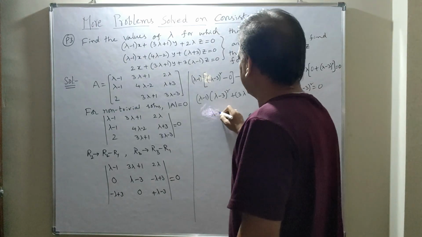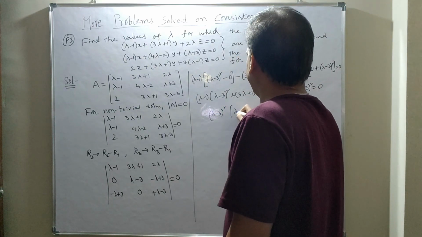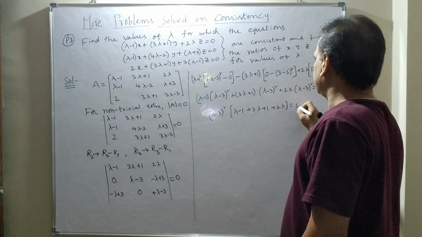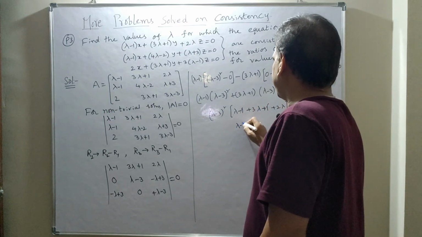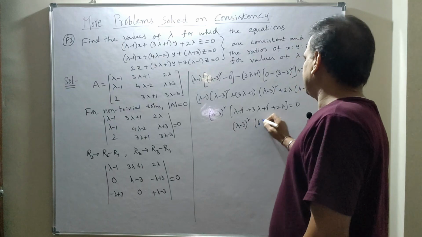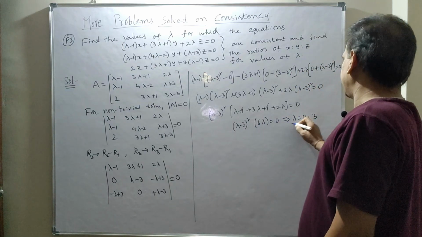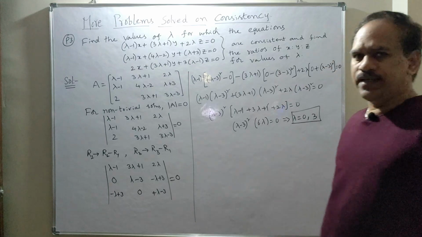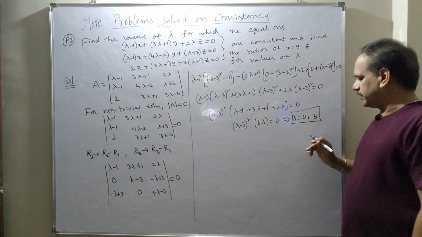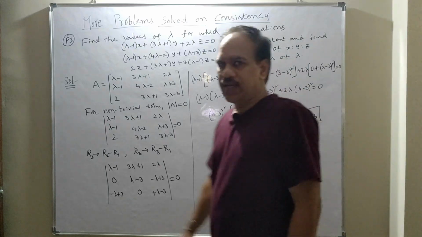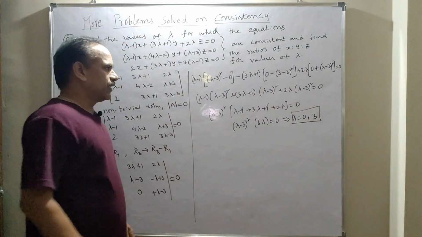So you can take lambda minus 3 whole square common: lambda minus 1 plus 3 lambda plus 1 plus 2 lambda equal to 0. Minus 1 plus 1 gone, lambda minus 3 whole square into 6 lambda equal to 0. So lambda equal to 0, 3, 3. 3 is a repeated root. You have two different values for lambda: lambda equal to 0 and lambda equal to 3.